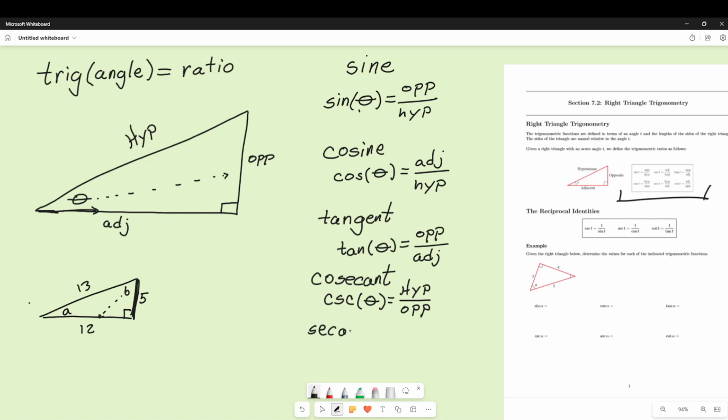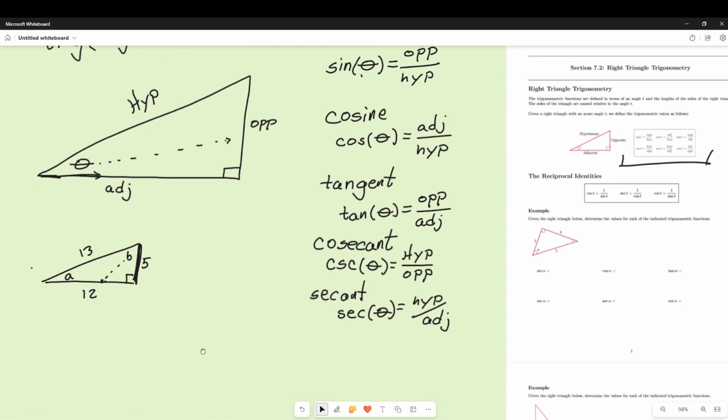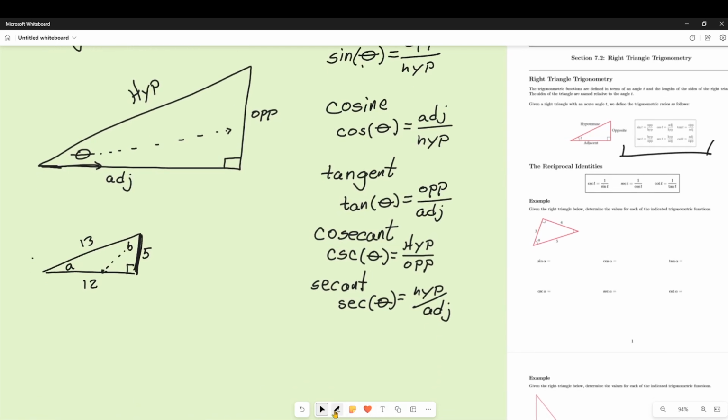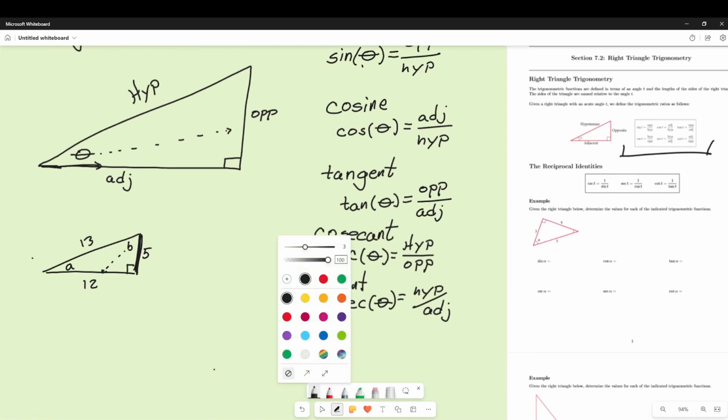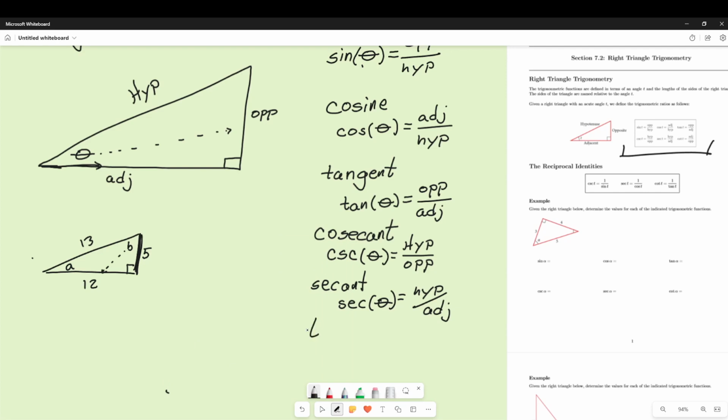Similarly, the secant function, which we generally abbreviate SEC, of our angle, is the hypotenuse over the adjacent. It's the same pairing as cosine, just in the reciprocal orientation. And our last one, cotangent.